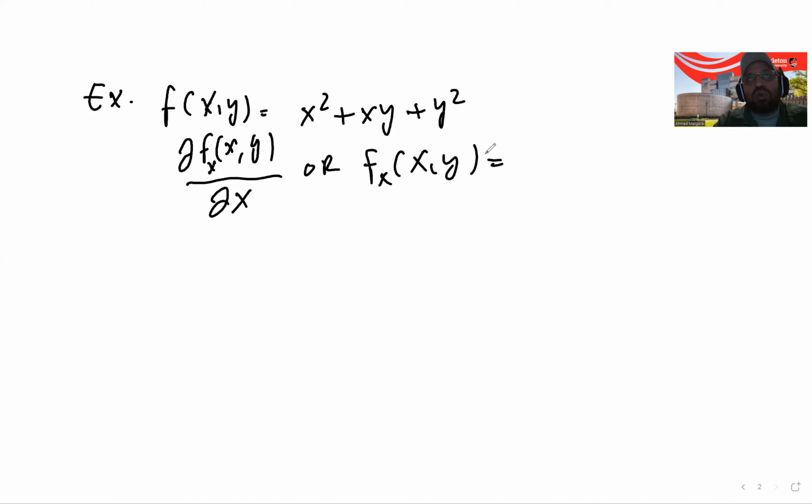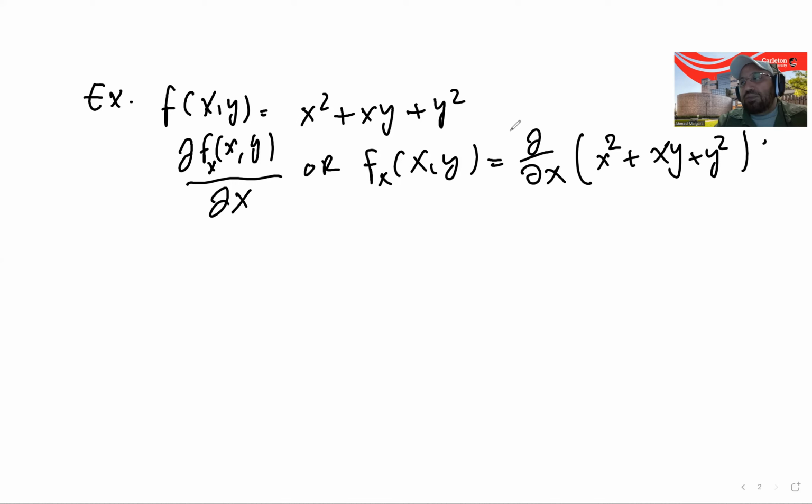This is equal to the partial derivative with respect to x of x squared plus xy plus y squared. Now separate these terms, which makes it easy for you and you probably make fewer mistakes. So we take the partial derivative with respect to x of x squared, the first term.